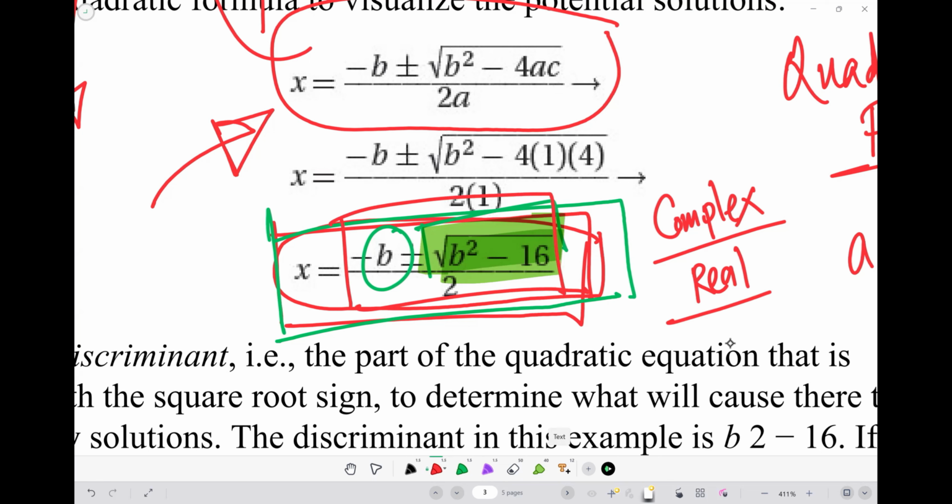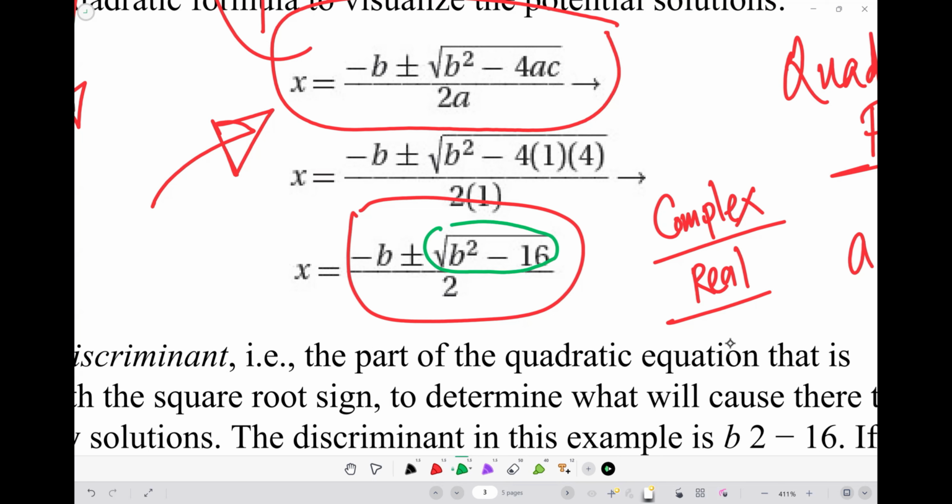This whole equation is affected by this green marked region. And what is the condition of this green marked region?